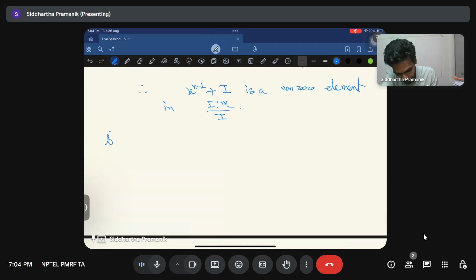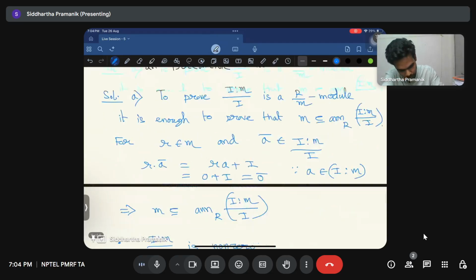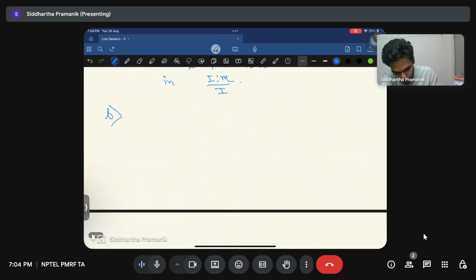So part B. Let the vector space dimension of this quotient I colon M modulo I over R mod M be at least 2.